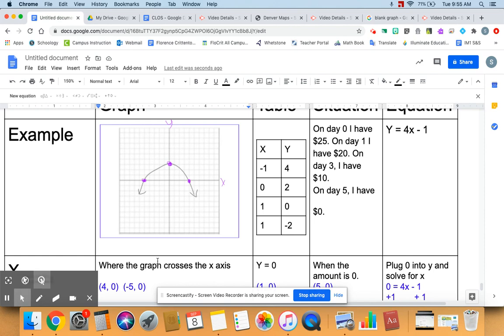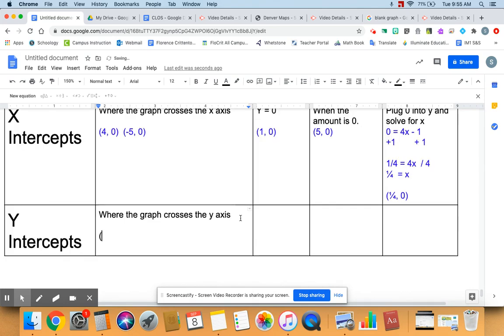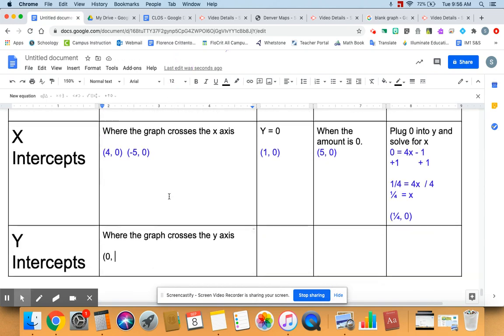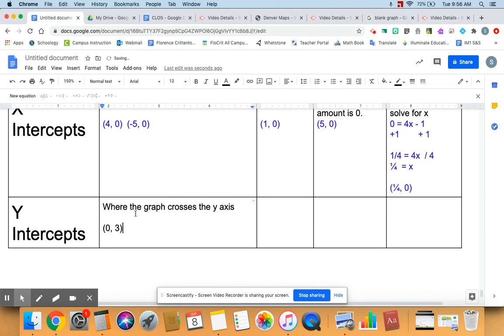Remember, we always write the x value first. For this point, did I go left or right? I did not. That means my x is going to be 0, because I did not go left or right to plot this point from the middle. I only went up 3, and up is the y value.